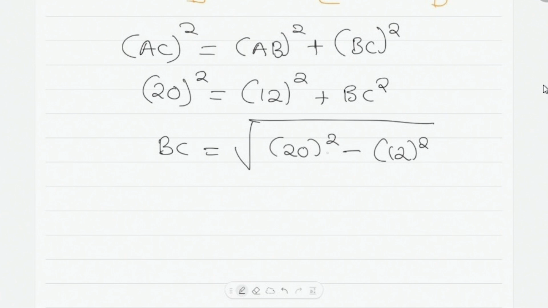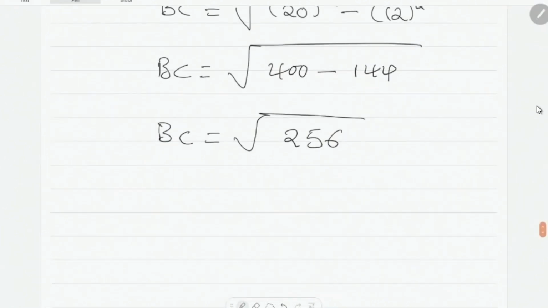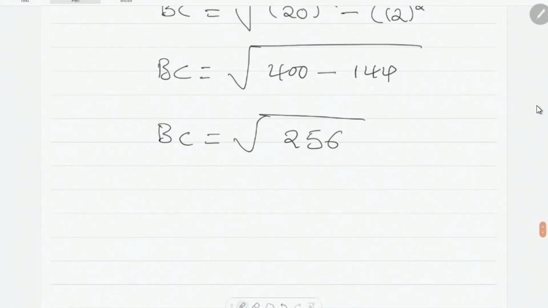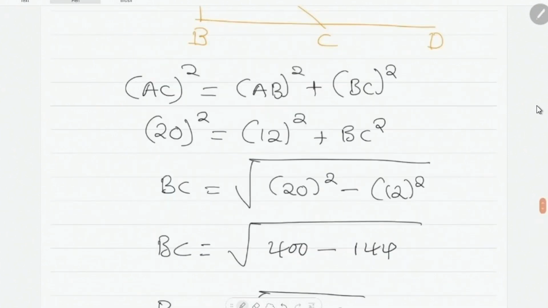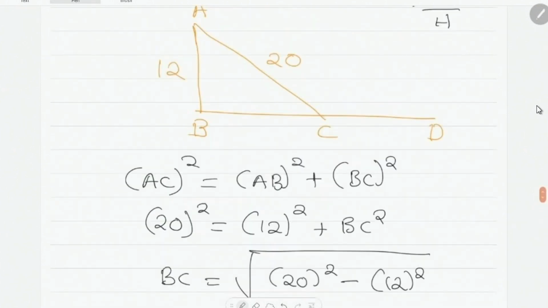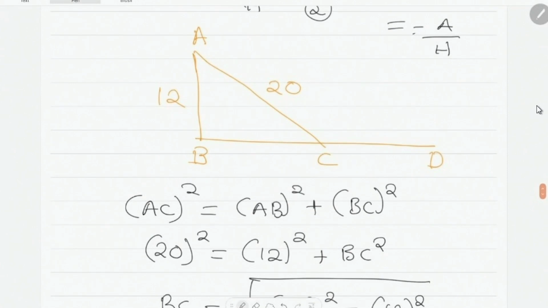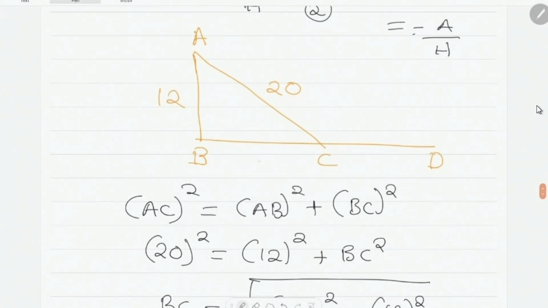So BC will be equal to the square root of the square of 20, that is 20 times 20, you'll get 400, minus 12 times 12, you get 144. All right, so when you look at the radical, which are these numbers under the square root, you will see that we have BC is equal to root of 400 minus 144.